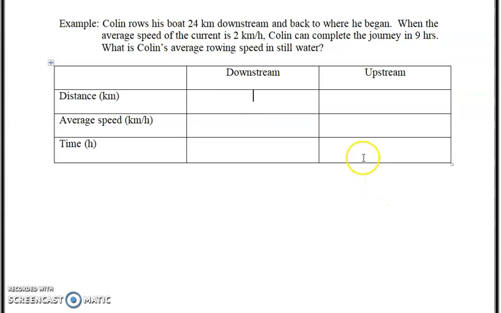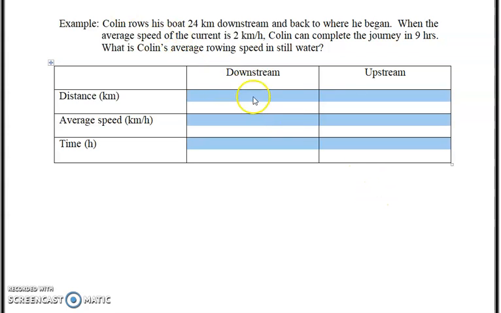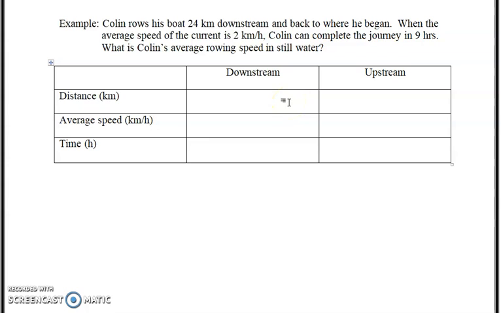So if we are going downstream and back, that means we're going 24 kilometers down, and up is 24 kilometers as well. Fill in the chart. The chart helps you. Remember, it says the average speed of the current is 2 kilometers per hour.